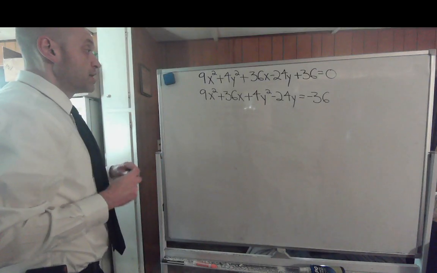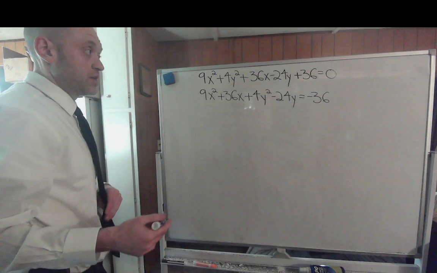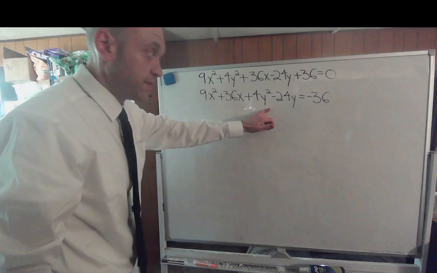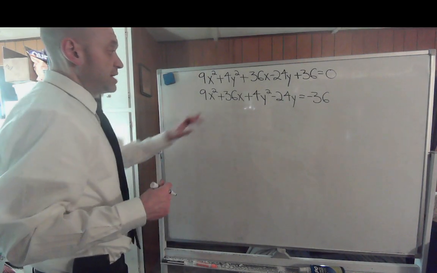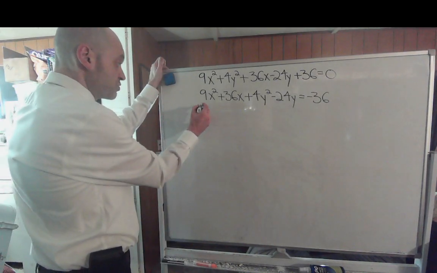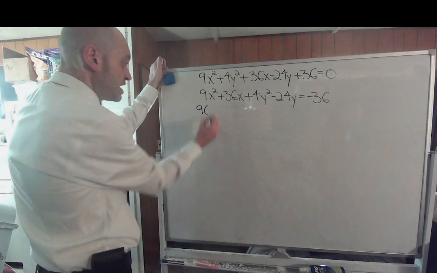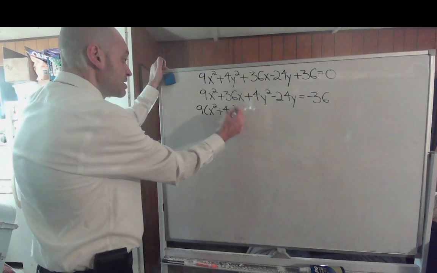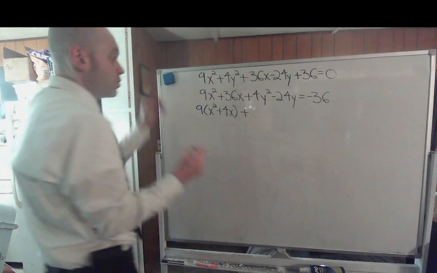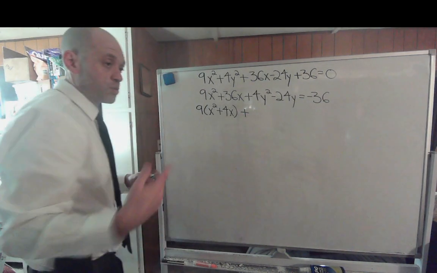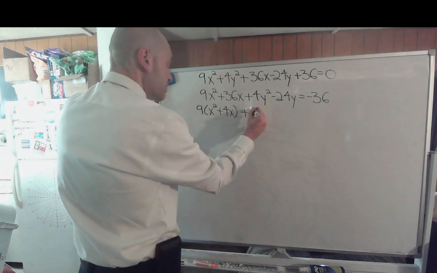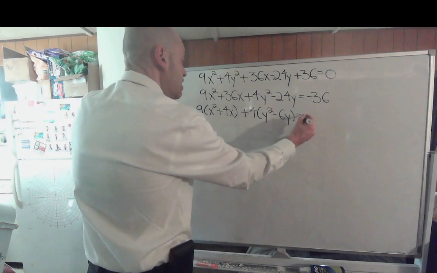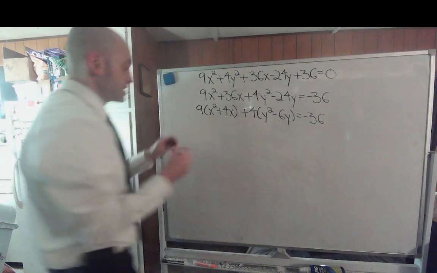Alright, well, in order to have an ellipse equation, for starters, the coefficient on each quadratic variable must be 1. So that means between the x squared and the 36x, we got to factor out a common 9. You would have 9 times the quantity of x squared plus 4x. And then for your y terms, 4y squared minus 24y, we need to factor out a common 4. So that'd be 4 times the quantity of y squared minus 6y. All that equals negative 36.